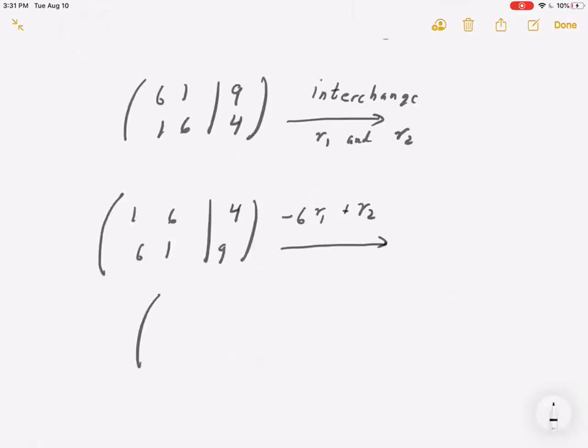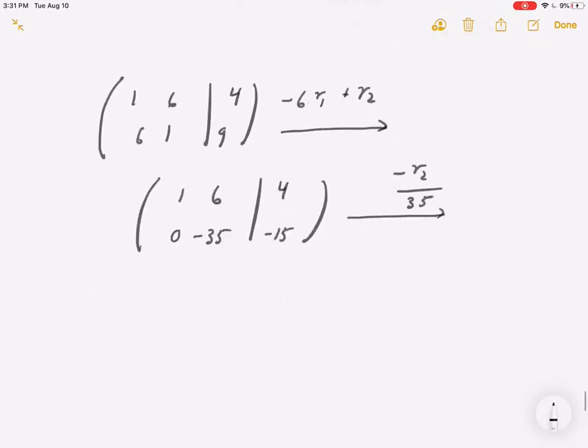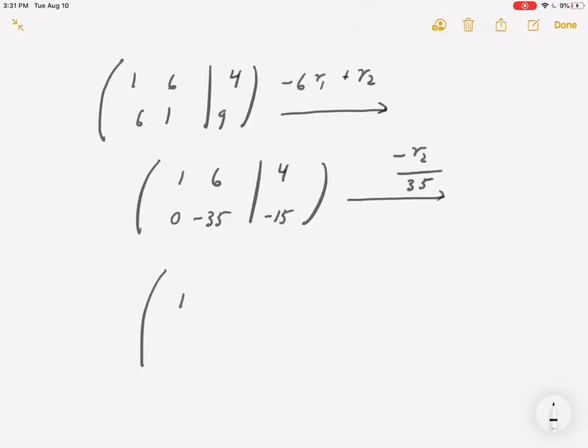So that will give me a result where row 1 is unchanged, and row 2 looks like this. Let's divide row 2 by -35. And that will give me a result where row 1 is not changed, but row 2 now has a leading 1. That's a wonderful thing to do.